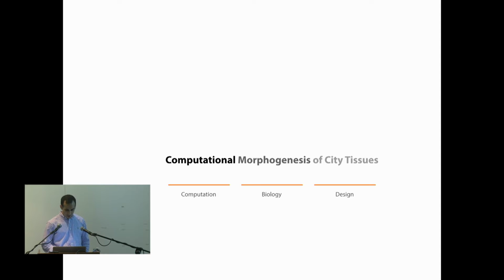And the reason I've chosen to use the concept of morphogenesis is because part of my research is dealing with this idea of developing a science for the development and evolution of complex systems and design, in particular, city tissues, which is the third part, and that's dealing with the scale that I'm working at.